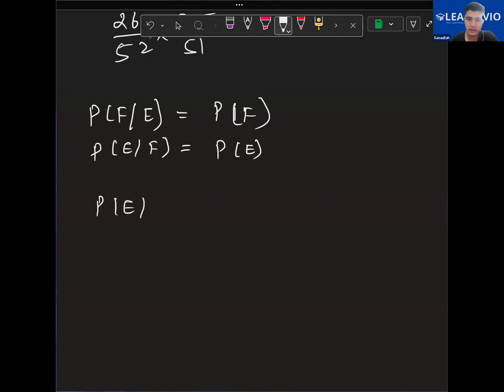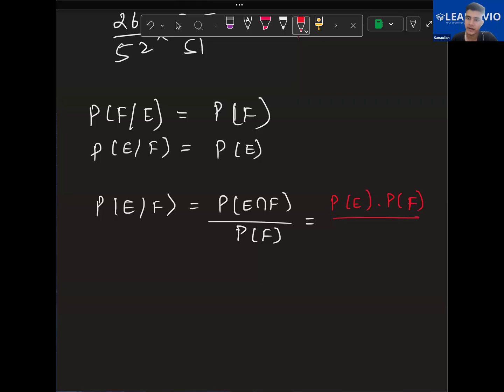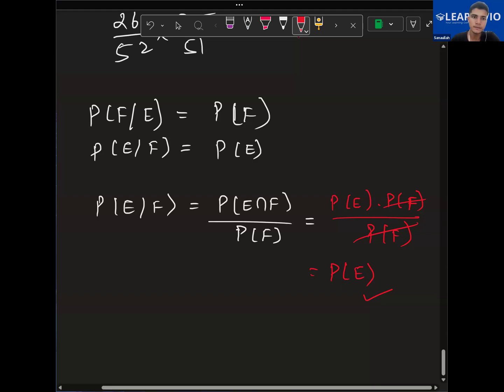If I write this formula, this will give E intersection F over probability of F. And if these are independent events, I can write this intersection as probability of E into probability of F. We have probability of F over here, so this cancels out and we have probability of E.